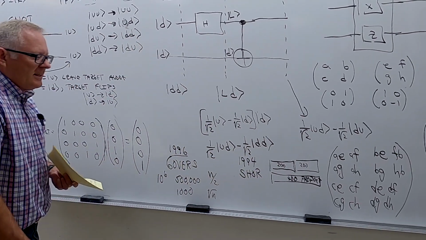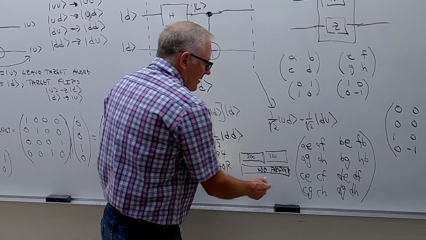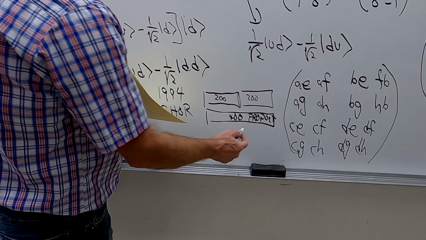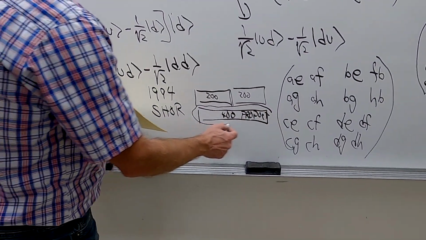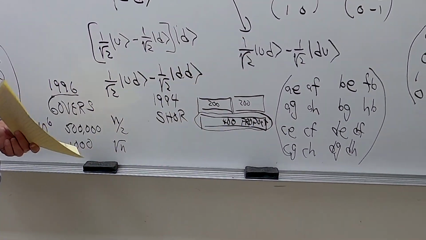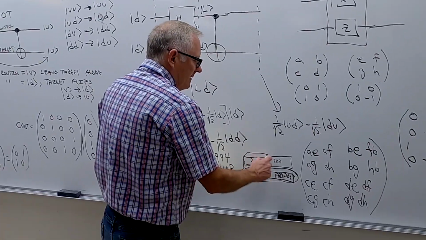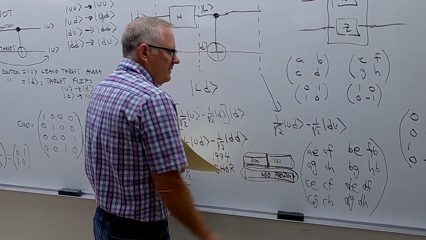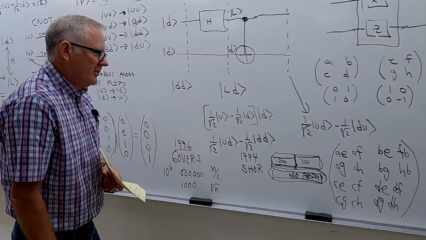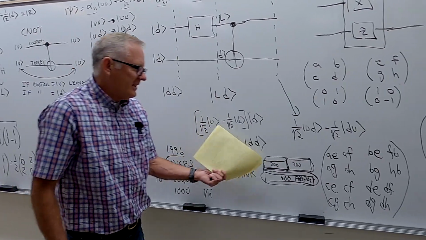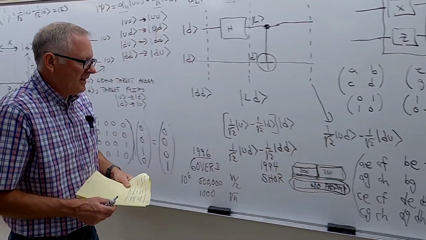And this is how secrets are kept with your bank account. This number can be known to everyone because no one's going to ever try to factor it. And this is how they keep your bank accounts and everything else secret, by one person having this number and one having the other one.